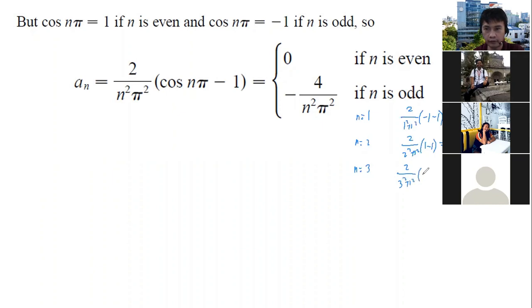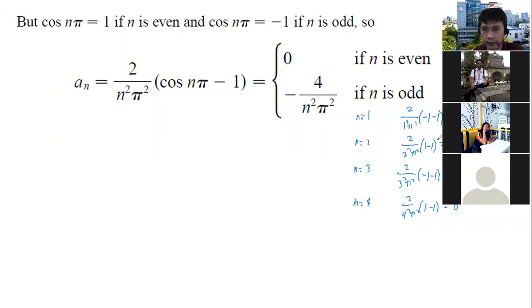Cosine ng 3 pi is negative 1, minus 1, so this will give us negative 4 over 3 squared pi squared. As you can see, we can generate a pattern here. So cosine of 4 pi is 1 minus 1, and 1 minus 1 is, of course, 0.